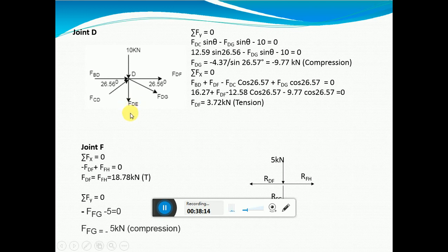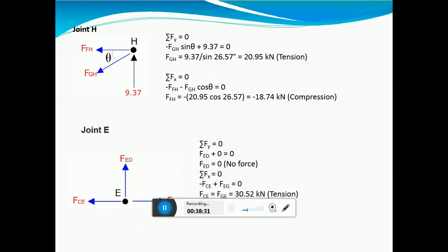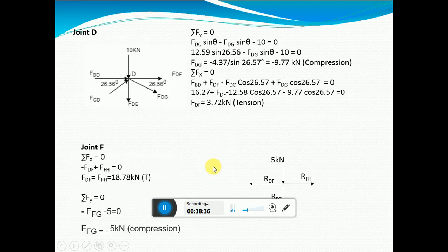FDG is going towards negative, so it is minus FDG sine theta, minus 10 kilonewton. FDE we found as a zero force member, that is why we have not used it here, though it is present. We are not taking it into consideration. No other forces in the y direction, only these three. You have written it here.